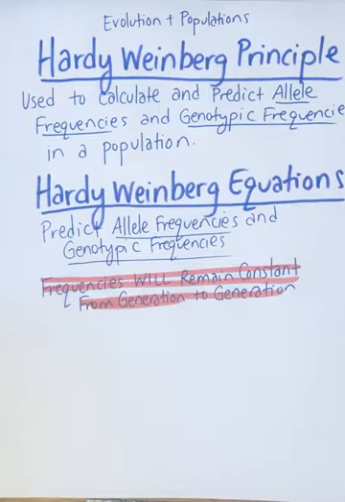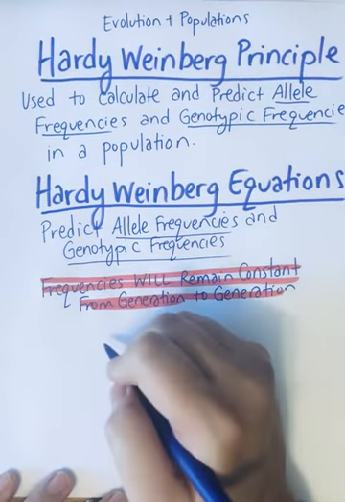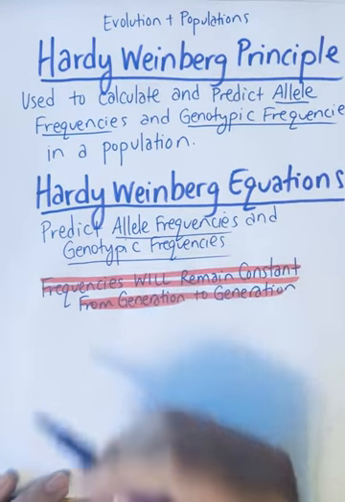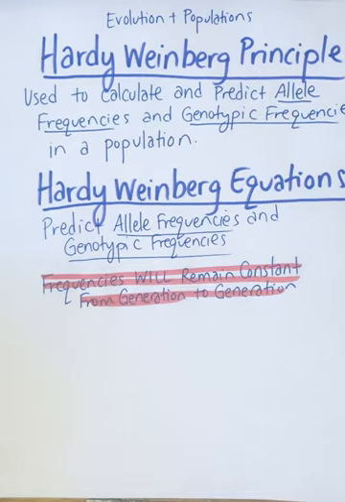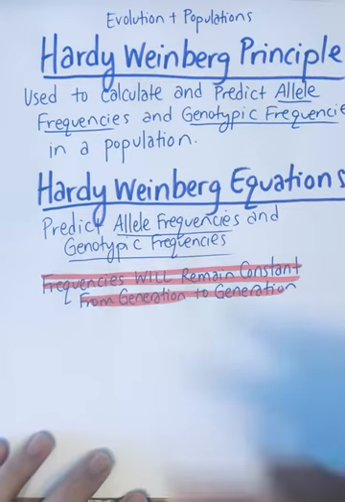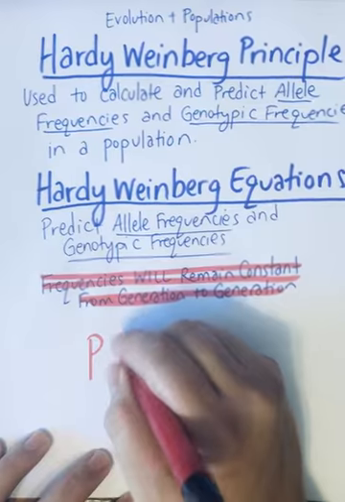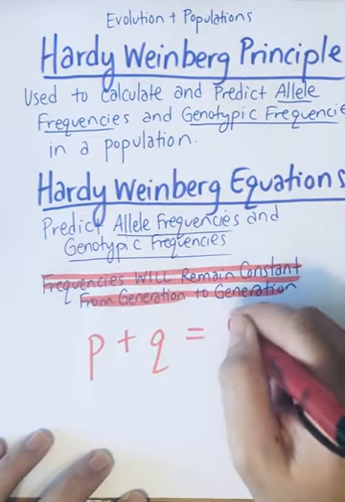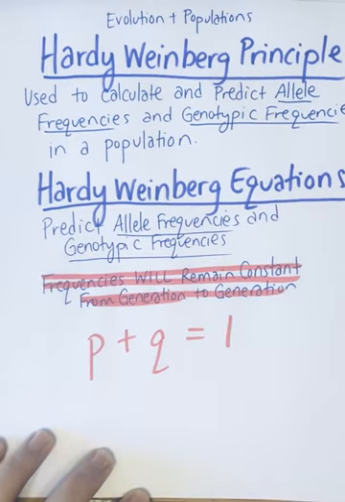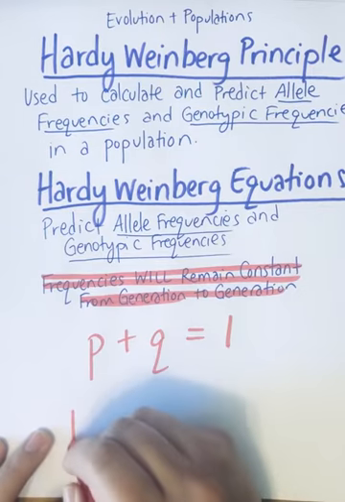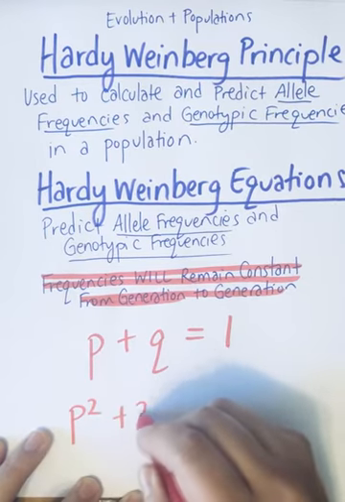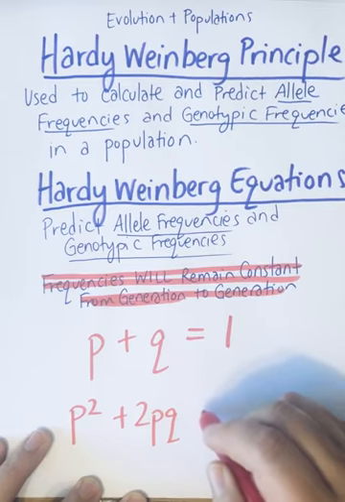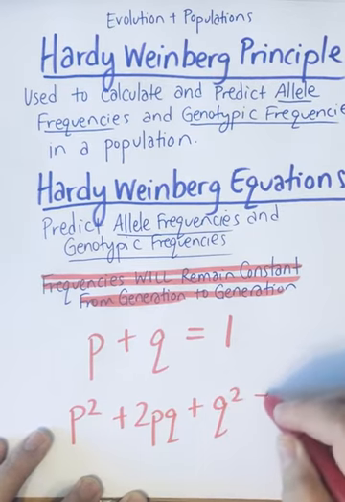So these are two equations that you need to understand. Write these in red. P plus Q equals 1. That is one equation. P squared plus 2PQ plus Q squared equals 1.